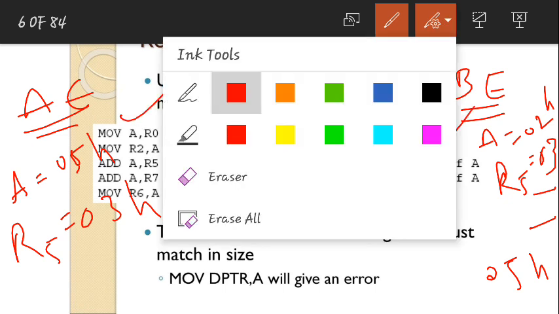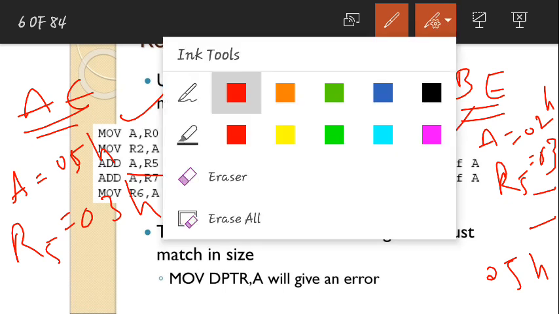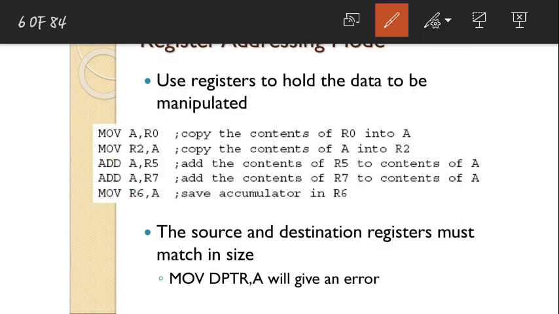So in the end, the addition operation is applied on both operands, and after that the result is also stored in register A. Okay, is that fine? So I'll just erase. Now add the contents of R5 to contents of A, so that is what he had written.